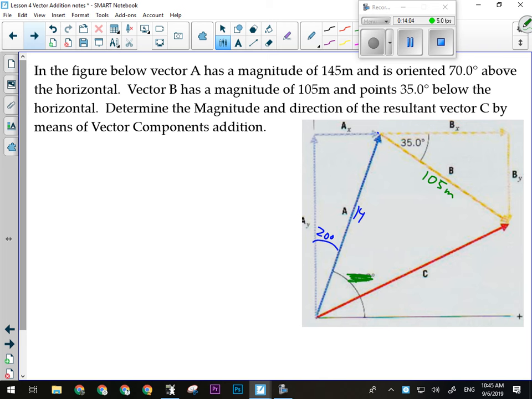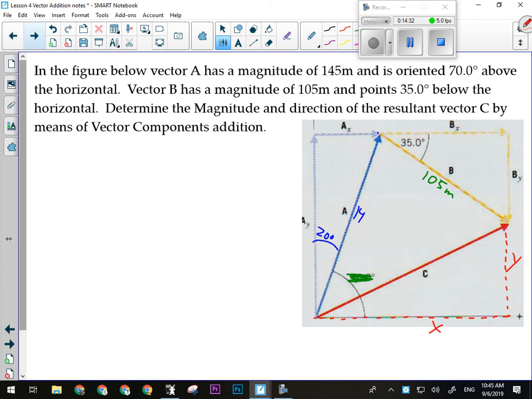So my overall displacement, which is my resultant, is line C. It goes from my initial position to my final position. And it also has an x component and a y component, just like the other two.